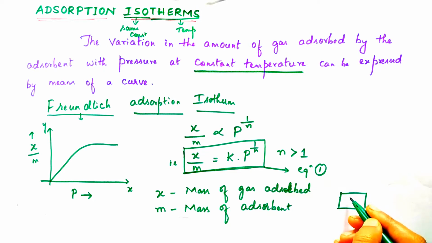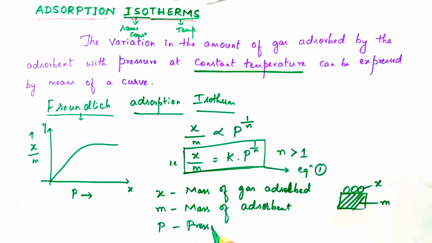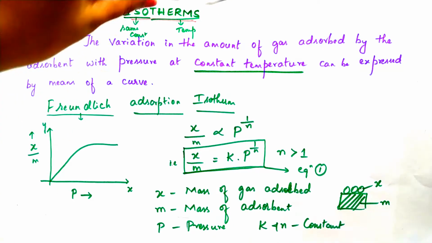If I take a material, its mass is m, and the gas on the surface is taken as x. P means pressure, and k and n are constants.